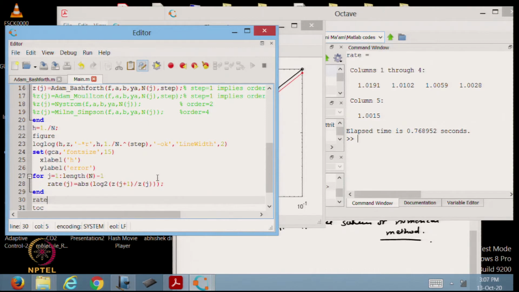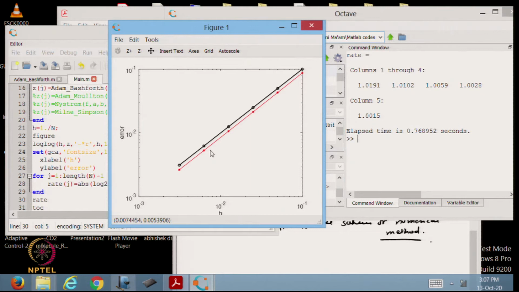Basically we are dividing the error at two different h and then taking the log on both sides. That is how we can compute the rate formula. So, the method is first order accurate, which we have proved theoretically earlier, and here we have plotted the error on the y axis and h on the x axis.